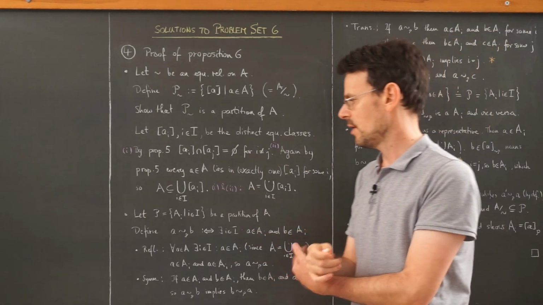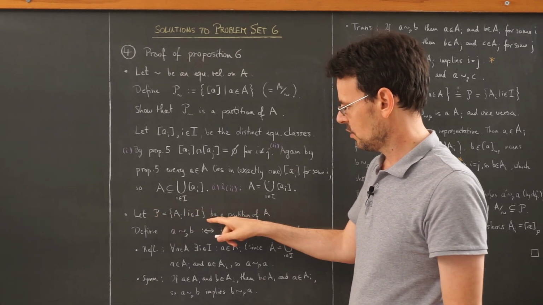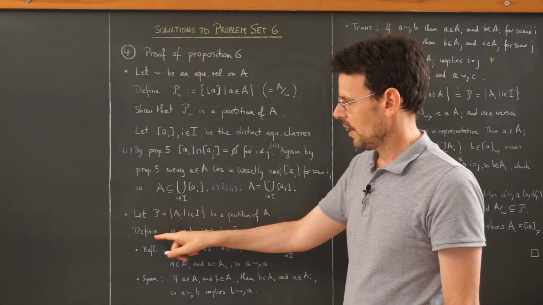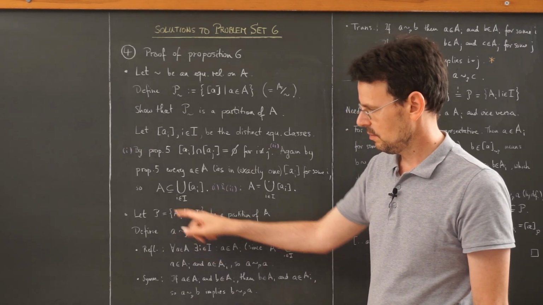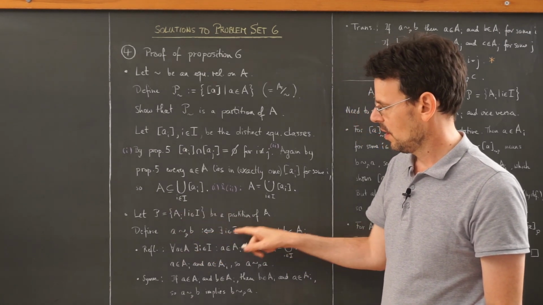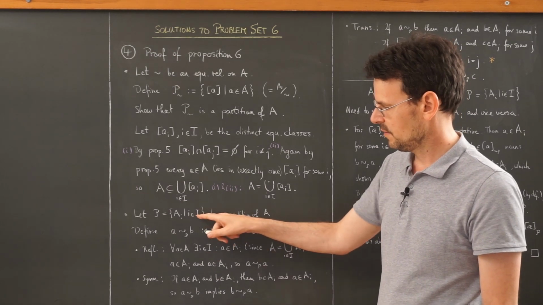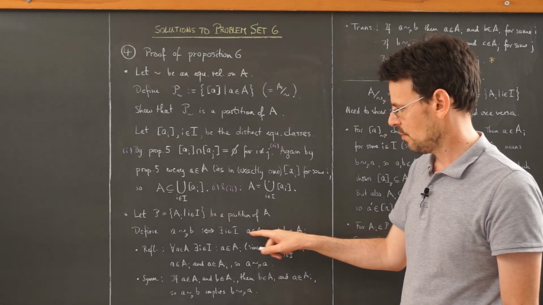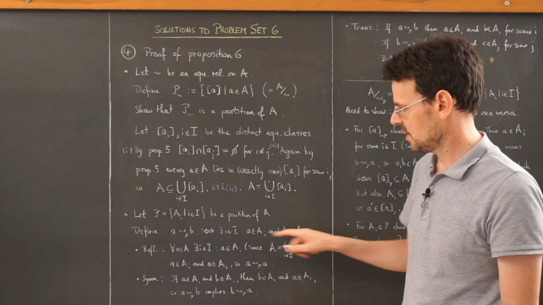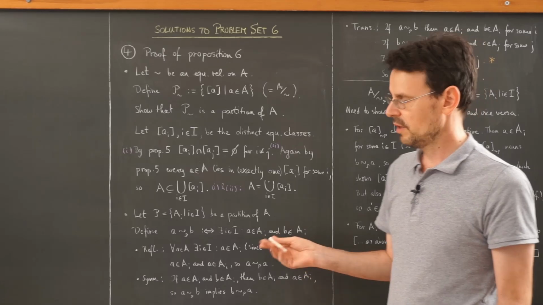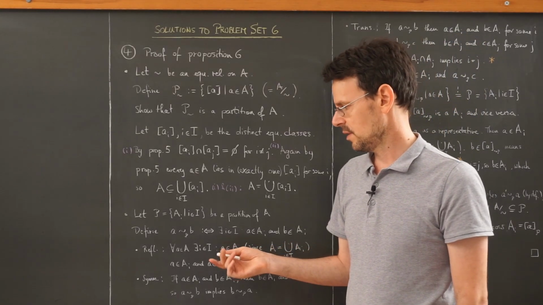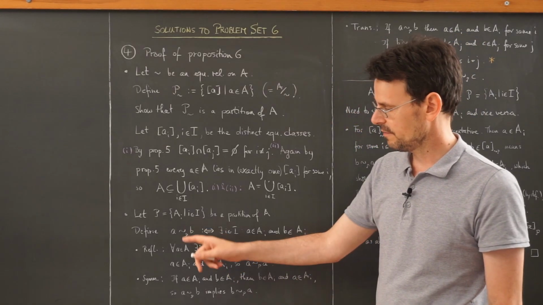Okay, the other way around, we start with a partition, and then we define a relation. A is in relation to B if there is an element i of this index set such that both A and B lie in the same subset A_i of this partition. And now we have to convince ourselves that this is an equivalence relation. So reflexivity.